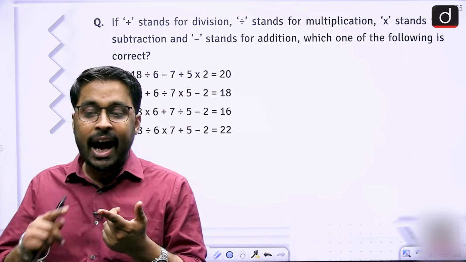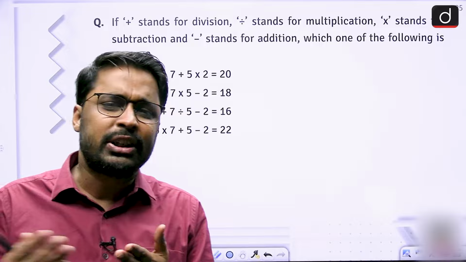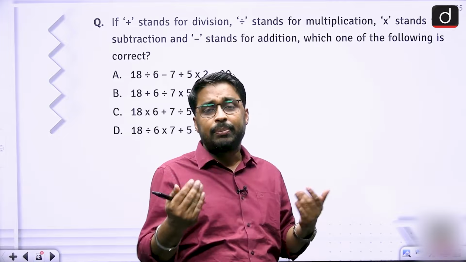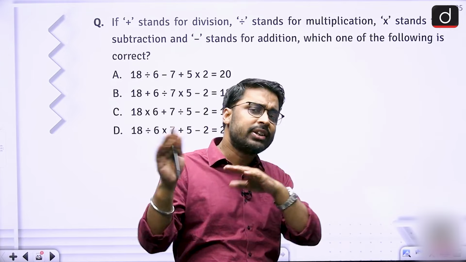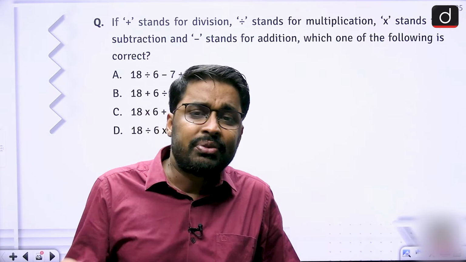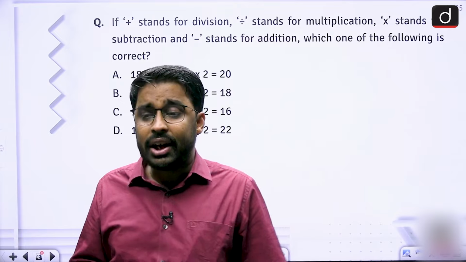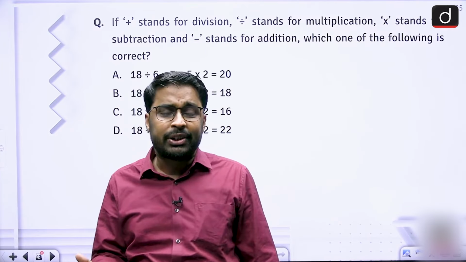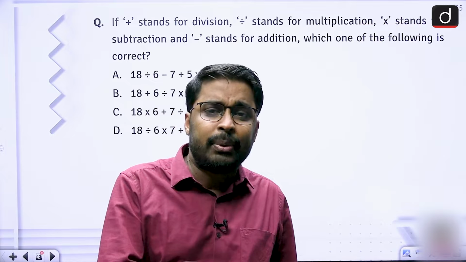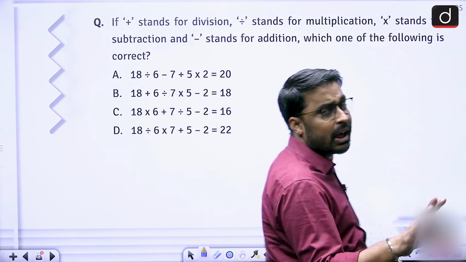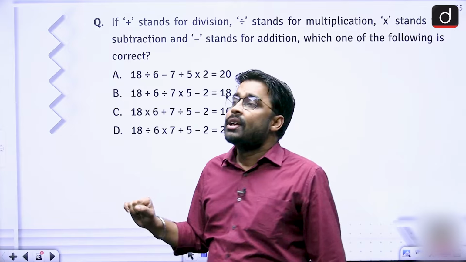Because see, whenever I add two integers like 3 plus 4, 6 plus 7, 8 plus 9, or 9 plus 15, I always get an integer. Similarly, if I subtract two integers like 15 minus 8, 10 minus 6, 7 minus 2, 8 minus 7, my answer is always an integer.